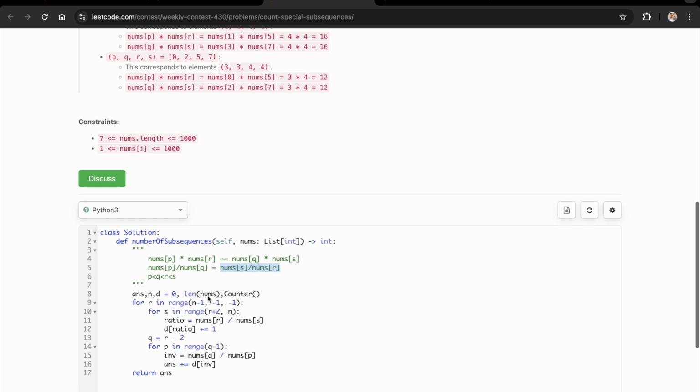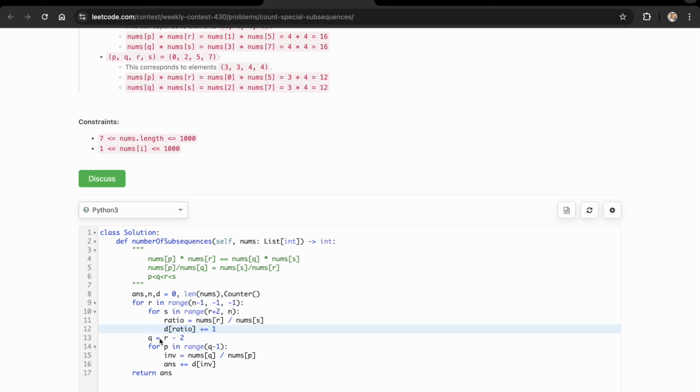So what we can do is take a map. For every r, we will be traversing from the back, and we will have s, which is r plus 2 to n, because we need a gap of at least one, and s is greater than r. So we will try all the s for the given r, and then we will store it in the map.